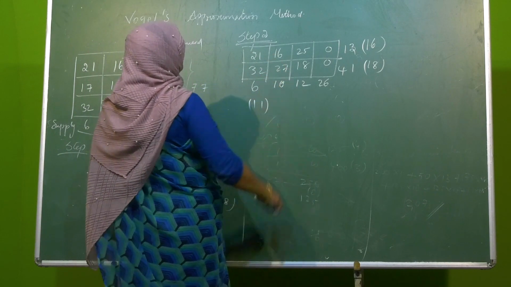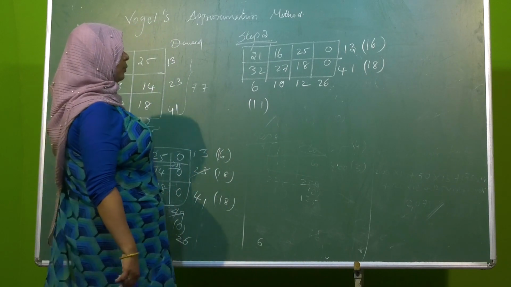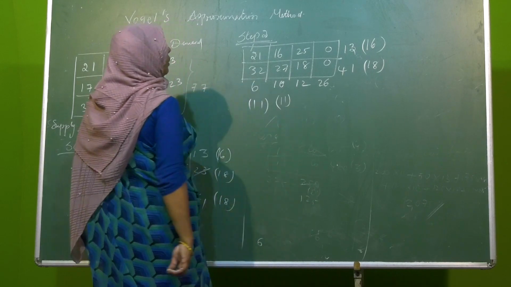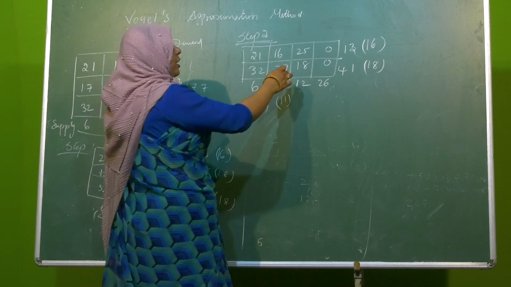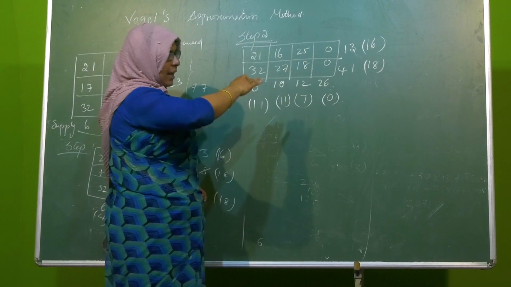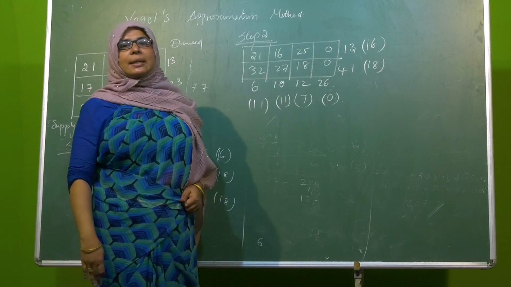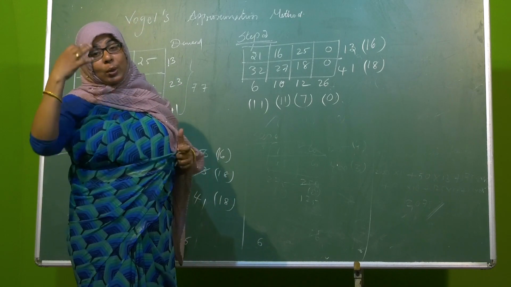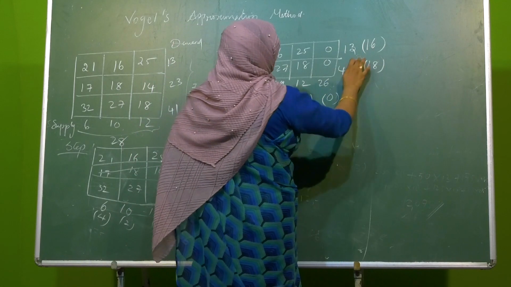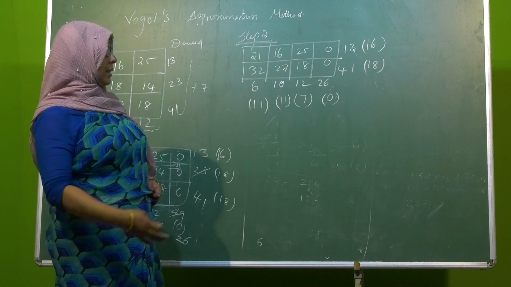What is the difference between 16 and 27? 11. What is the difference between 18 and 25? 7 and 0. Among these differences, which one is the highest? 18 is the highest difference.